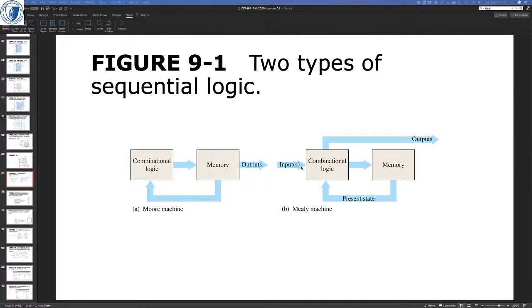The Mealy machine has inputs, which means we can affect what happens from the outside. The other significant difference is that in the Moore machine the outputs are taken directly from the memory, and in the Mealy machine the outputs are formed from the combinational logic.